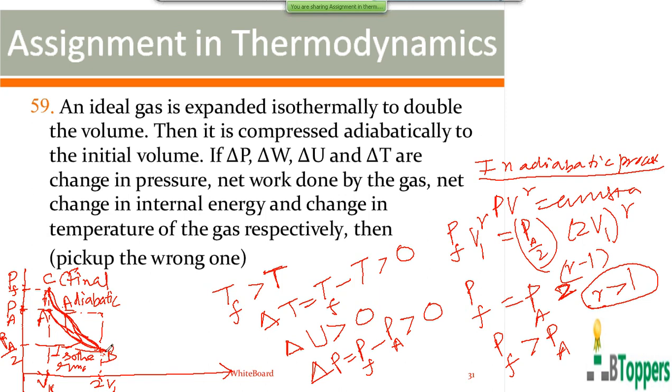Again I repeat, the work done on the gas in the adiabatic compression represented by the curve BC, which lies above the isothermal curve, is more than the work done by the gas in the isothermal expansion from V1 to 2V1. So net work is done on the gas.